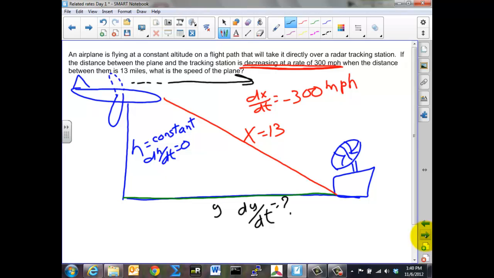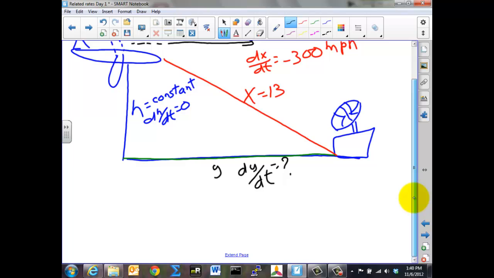So, what are we going to do now? We need an equation that relates a bunch of these letters we've got up here. Anybody know of an equation? X squared plus y squared equals 13 squared.